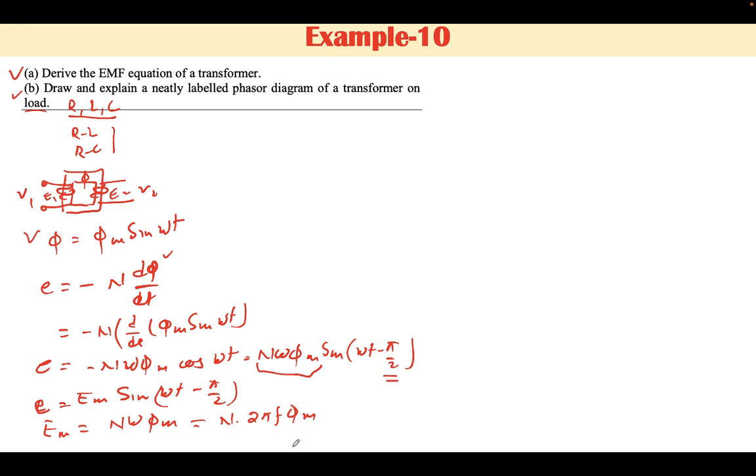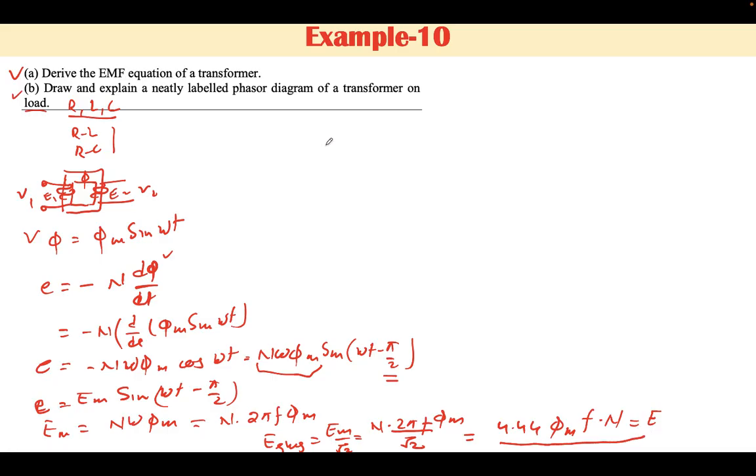Though it is the maximum value, to find E RMS, which equals Em by root 2, that is n into 2 pi f phi m divided by root 2, gives us the resultant value of 4.44 phi m, the maximum value of flux, f into n. This is the EMF equation of the transformer.